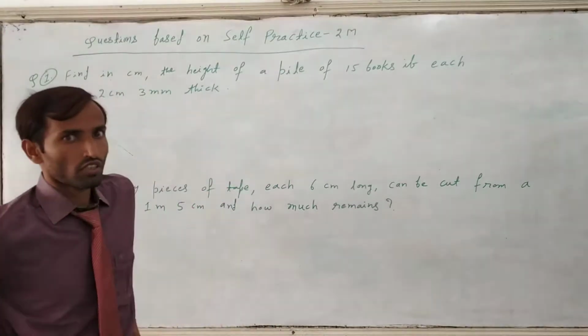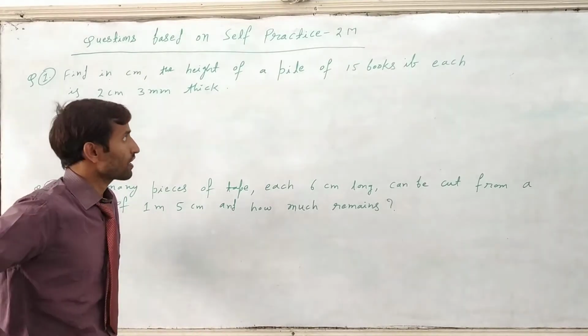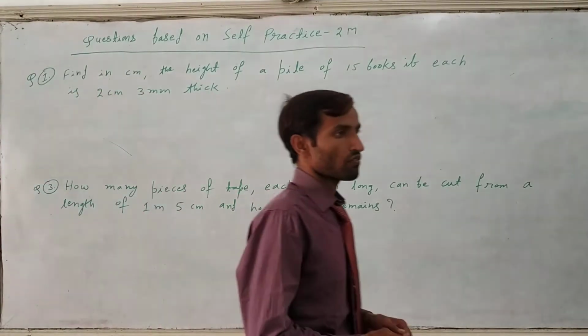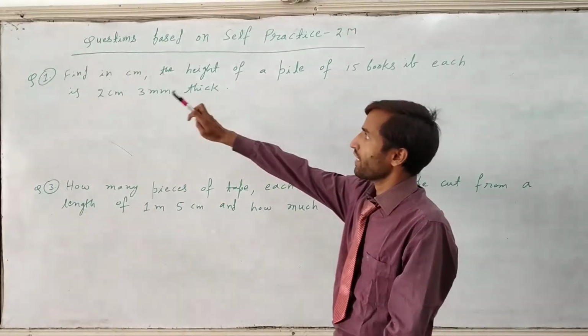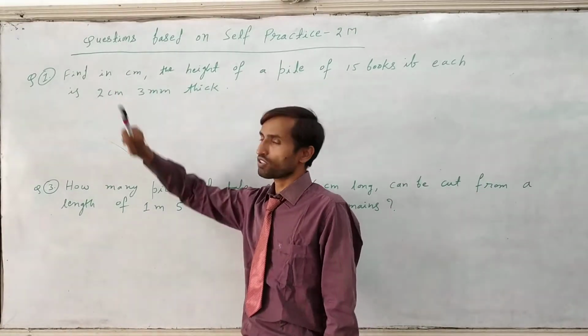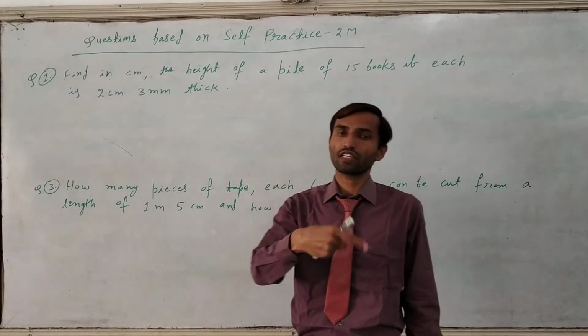First of all, read the question: what is being asked and what we have to do. Question number first, find in centimeter. The answer has to be given in centimeter.